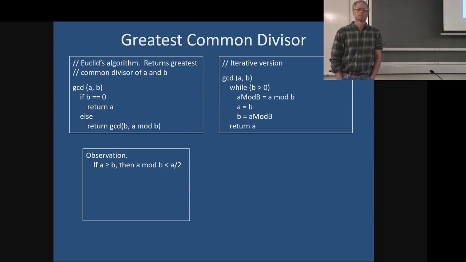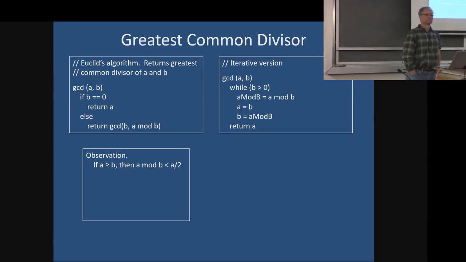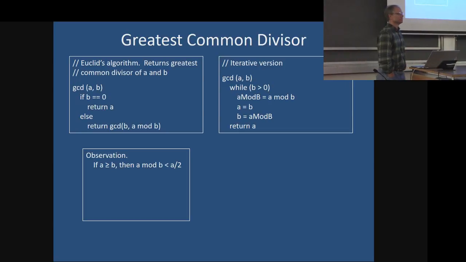I can't explain it, but it makes sense. There's a difference between understanding something and being able to explain it. So what's the deal? If A is greater than B, then A mod B can't be B.